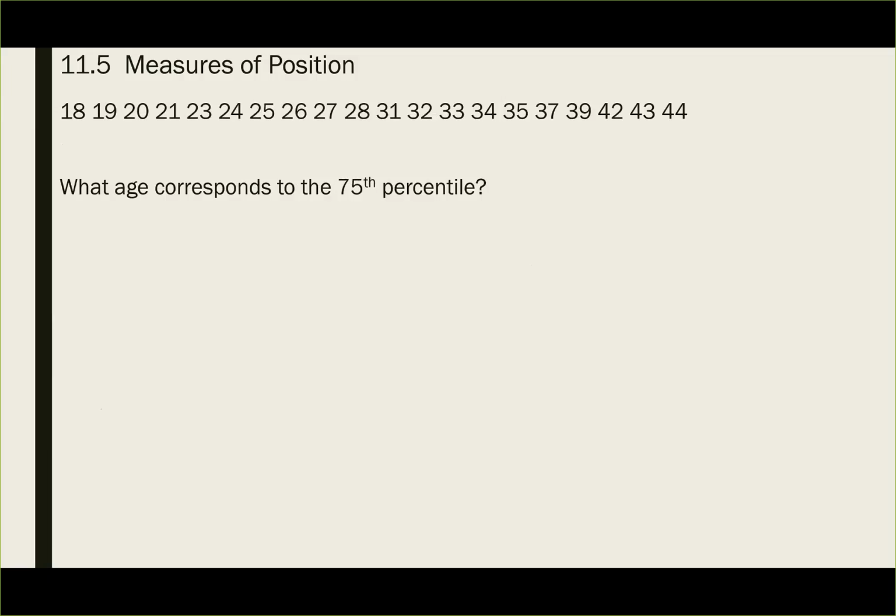Looking at this, what do we need to do? Well, the first thing we need to do is take the 75 and divide it by 100, right? So 75 divided by 100 will give you 0.75. And then you take this 0.75 and multiply it by the total, which in this case is 20.